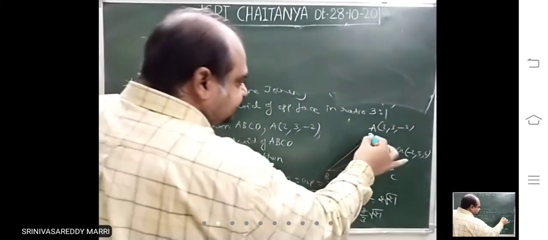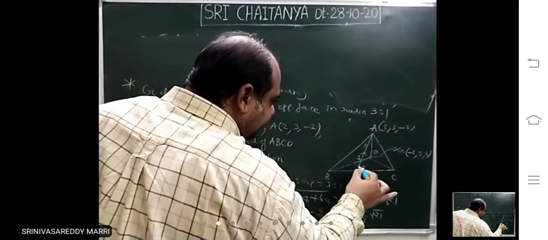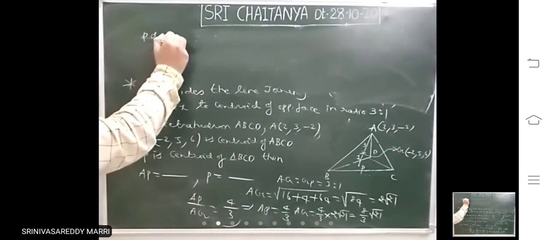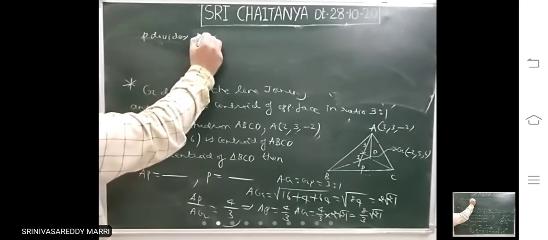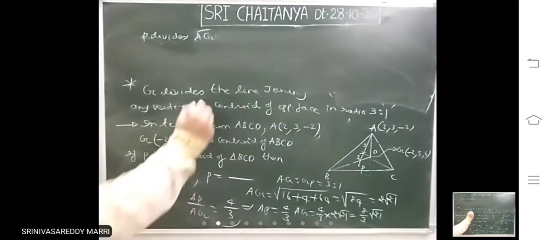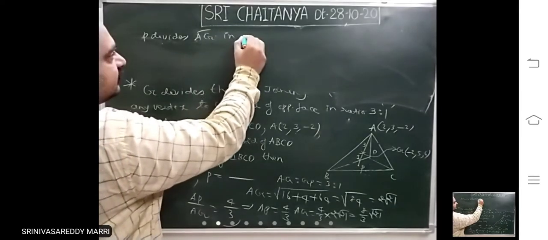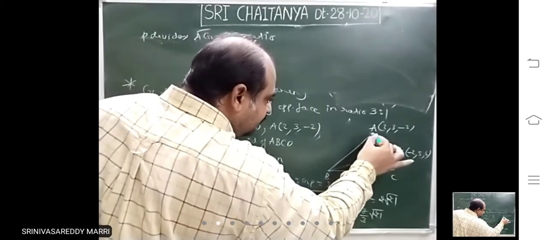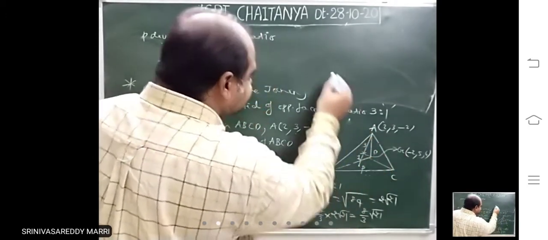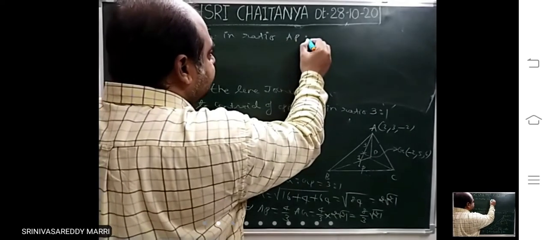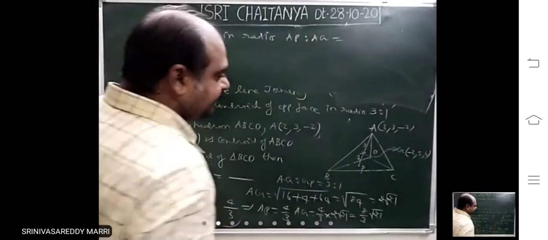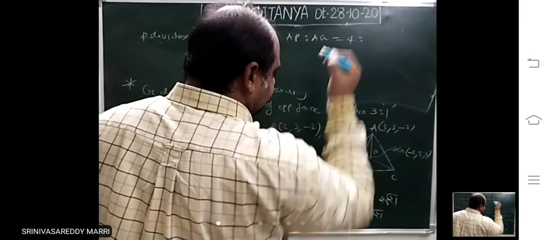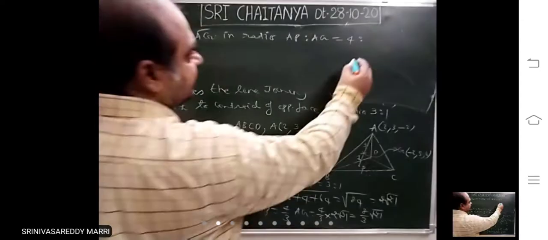Now clearly this point P divides externally the line AG. So P divides AG line segment in ratio. What is the ratio? AP is to AG. AP is of 4 parts is to AG is of 3 parts.